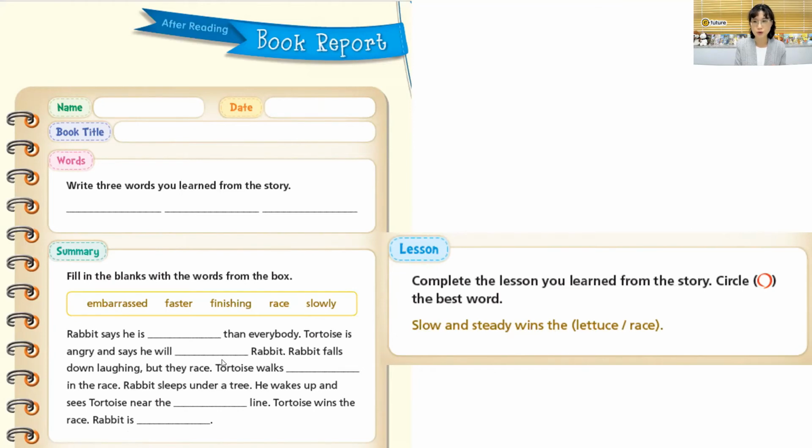He will race rabbit. So you can complete the summary together and then do the lesson. So what did we learn from this story? Slow and steady wins the lettuce or race? Race, right? So this is the message of this story, right?